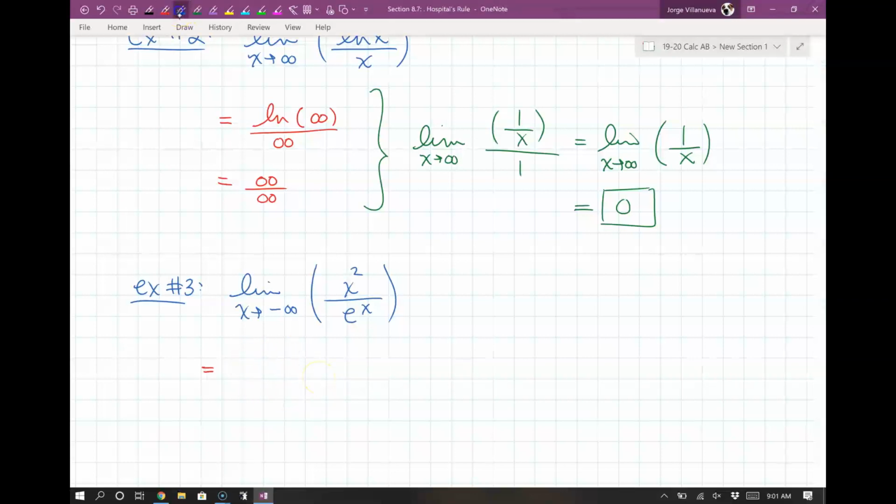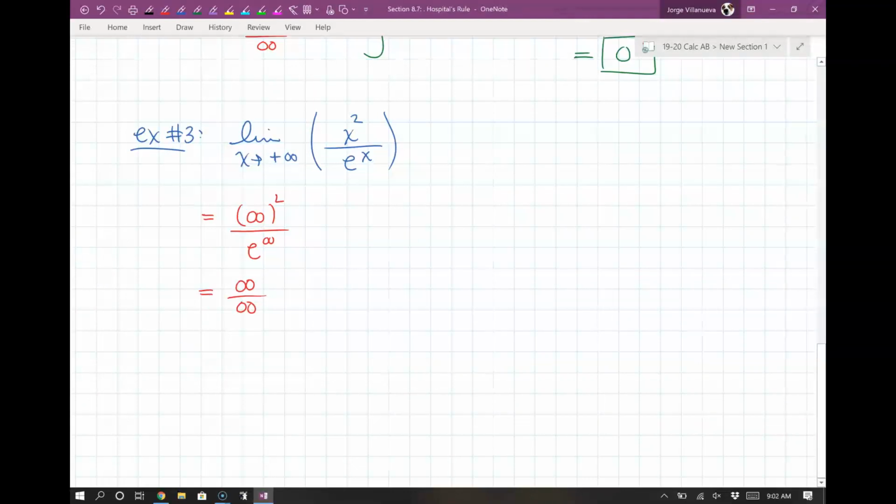Let's make that infinity a positive infinity, because otherwise I'm going to end up with a situation that we don't need to know how to deal with for the AP exams. Okay, so make it a positive infinity. All right, so when you plug it in, we get infinity squared over e to the infinity, which is infinity over infinity.